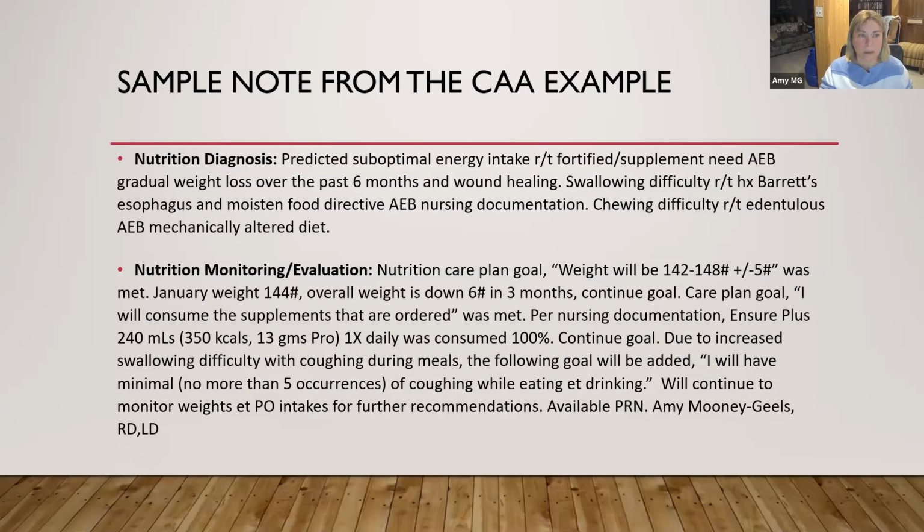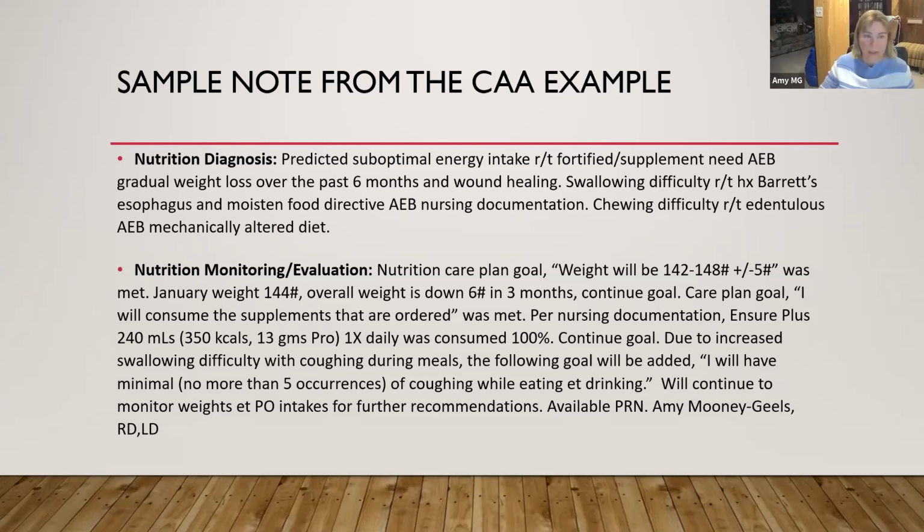So from that CAAS example, this is at the end of my note. I've got my nutrition diagnosis all typed out, and then my nutrition monitoring, and I spell out for the nutrition care plan goal, the weight will be X, Y, and Z. The care plan goal was met, and we're going to continue that. The next goal was about the supplements being ordered, and per the documentation, they're consuming 100%. We're going to continue that.